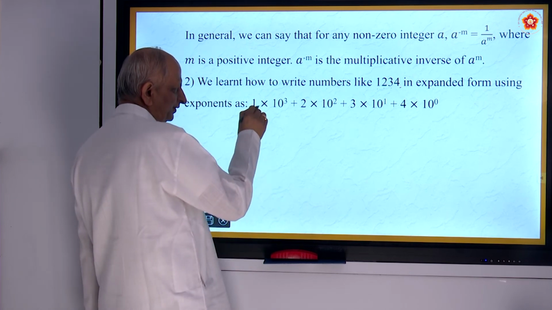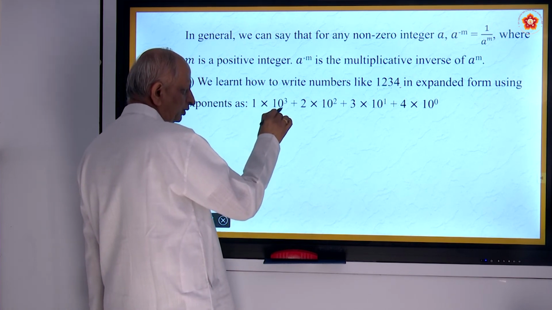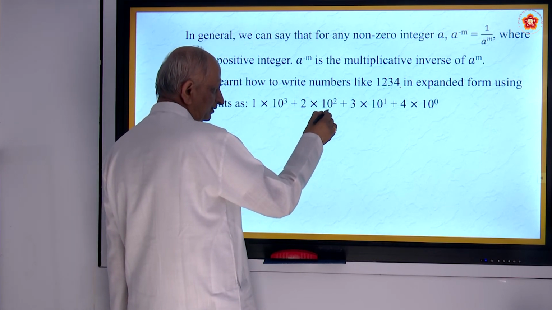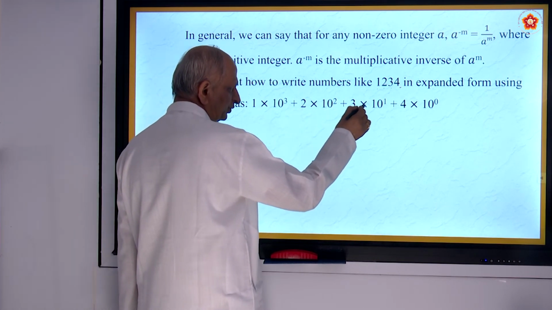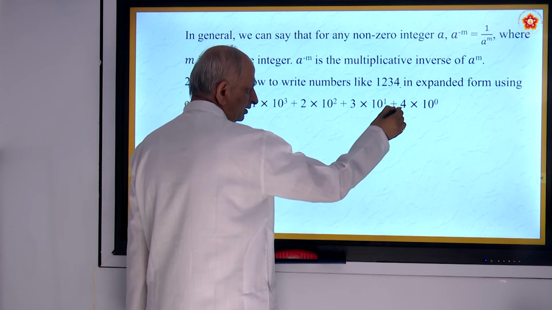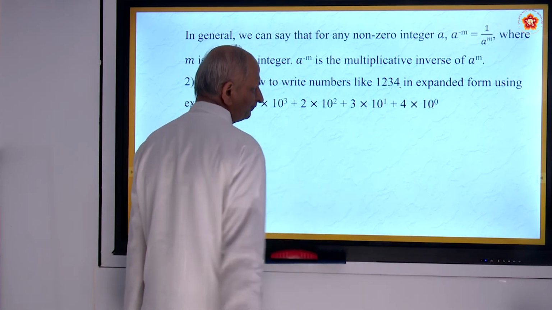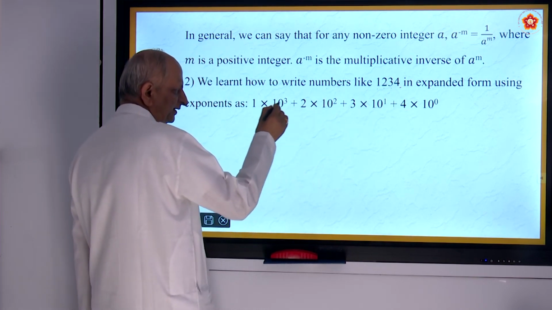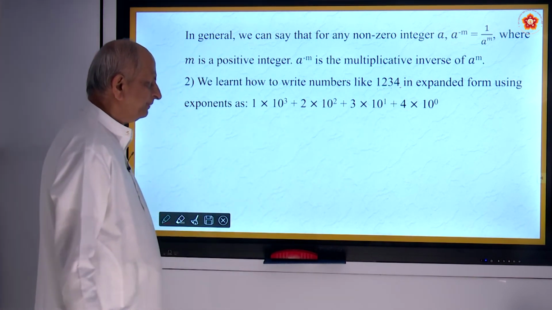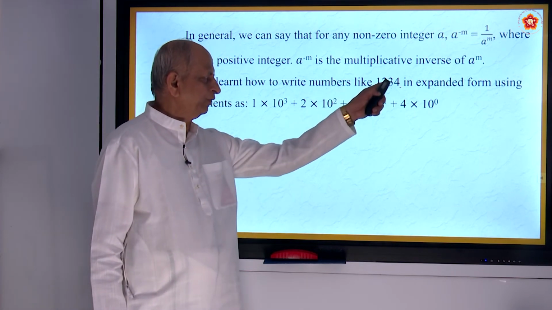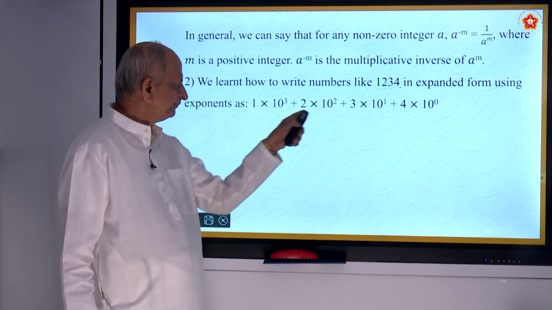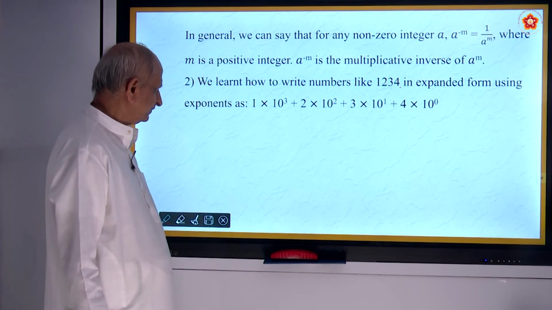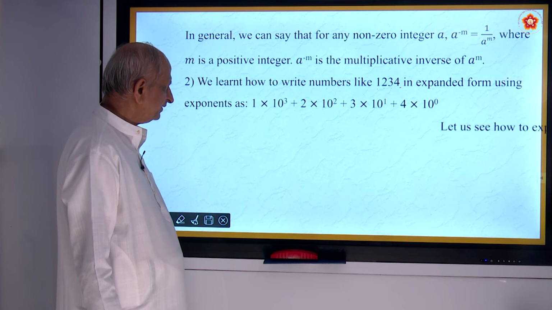So you must start with 1 into 10 cube, that is 1000, 2 into 10 square, that is 100, 3 into 10 to the power of 1, and 4 into 10 to the power of 0. So 1234 can be written in this form, that is how you are using indexes or exponents, correct?